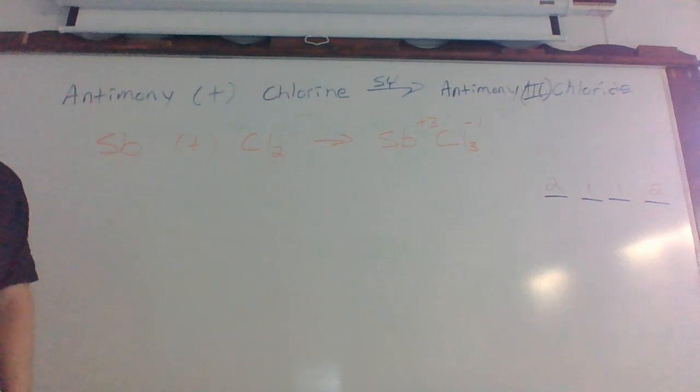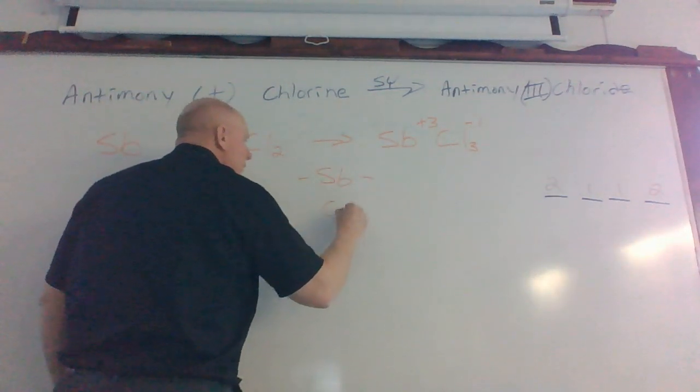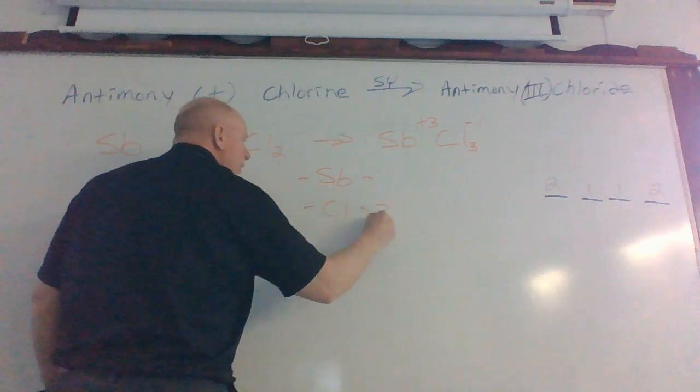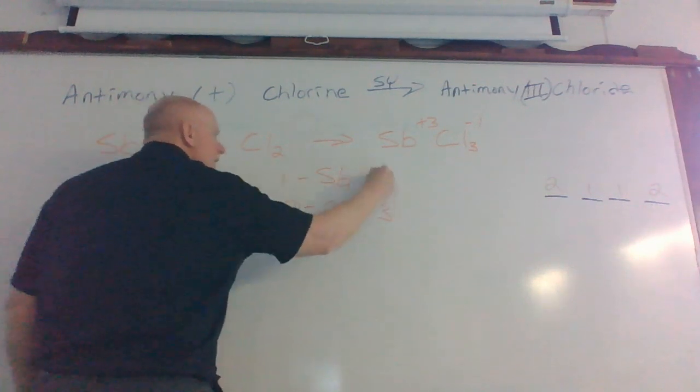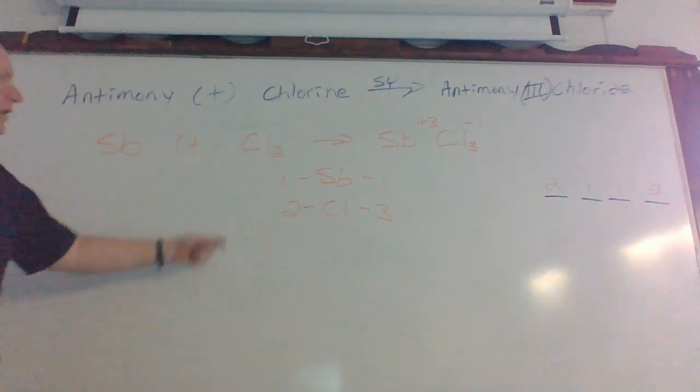Okay. So the next thing, we can't balance out our antimony since they're already 1-to-1. But the least common multiple between 2 and 3 is what? So we had 3 there, 2 there, 1 and 1. When you look at these, they come in pairs.